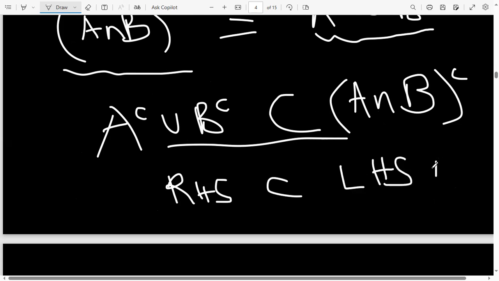So we've shown the two parts of the proof. We first began by showing that the left-hand side was a subset of the right, and now we are showing that the right-hand side is a subset of the left. If you're able to show those two, then we can conclude that the given De Morgan's law is correct.